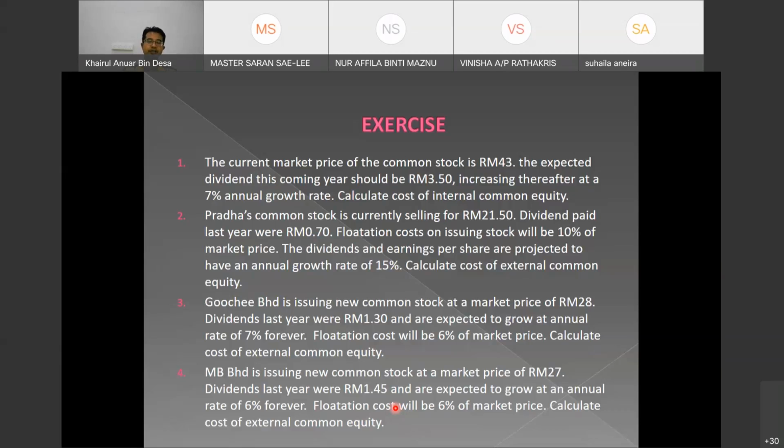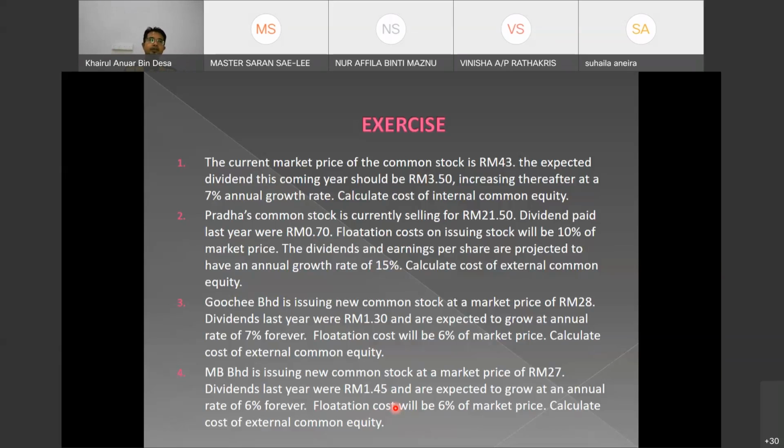As a company, we must follow the guideline issued by the Securities Commission. We have to use a third party, for example an investment bank, to issue the common share and sell to the public.